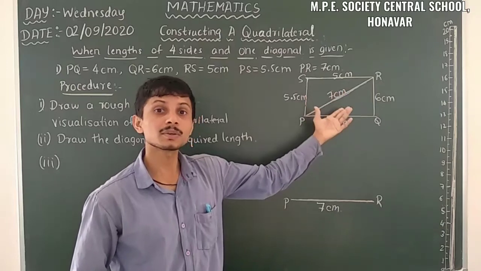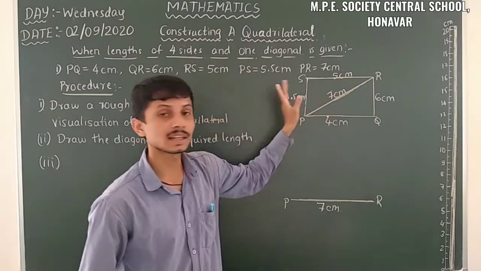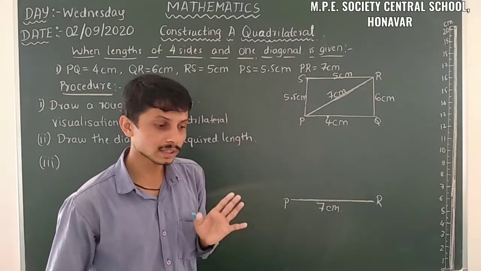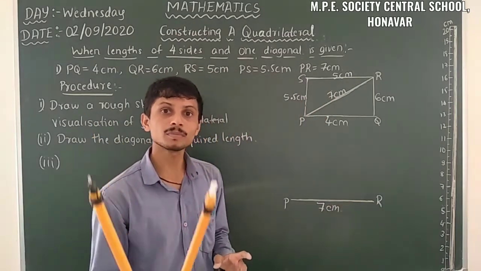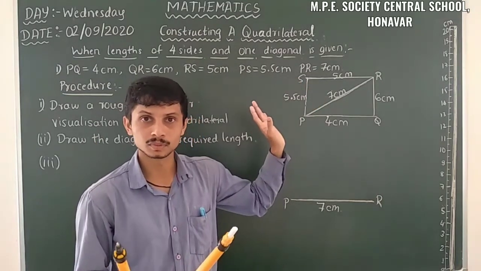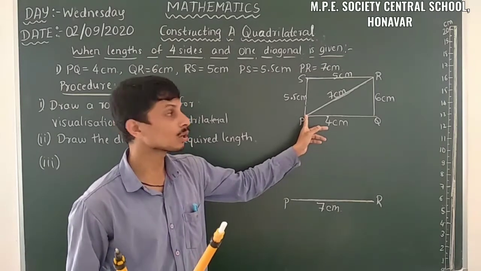Firstly we have to take the lengths of PS and RS. How to take that? Using your compass, you have to take both the lengths. Just observe here. Firstly I will take the length of PS.